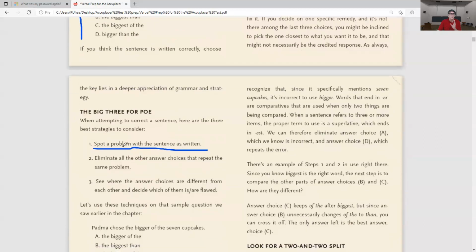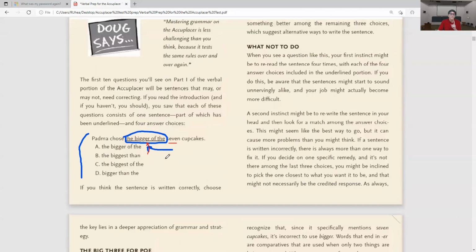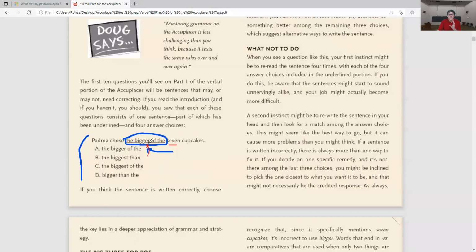So I go to step number 2, eliminate all the other answer choices that repeat the same problem. So the problem is with the suffix ER at the end of the adjective big. Bigger is used to distinguish between 2 things. One would be bigger.